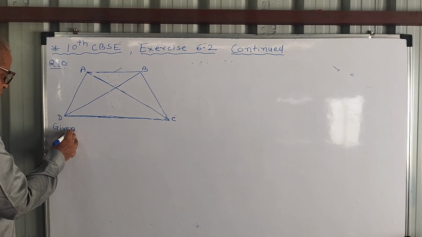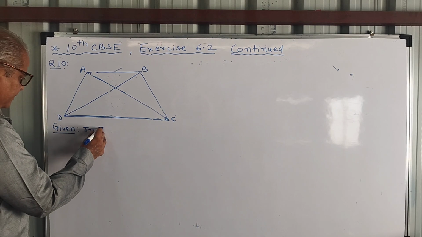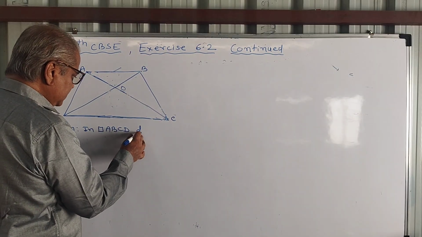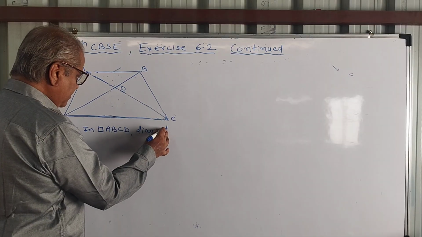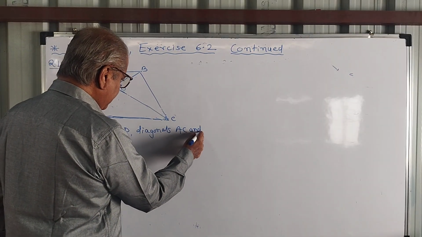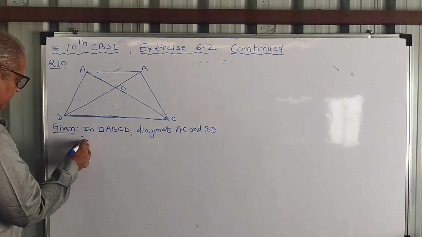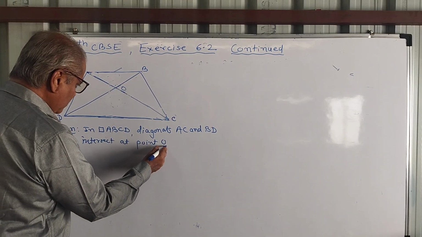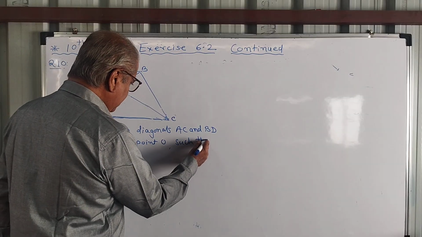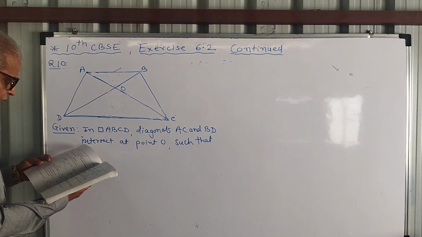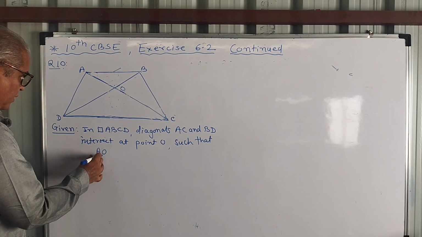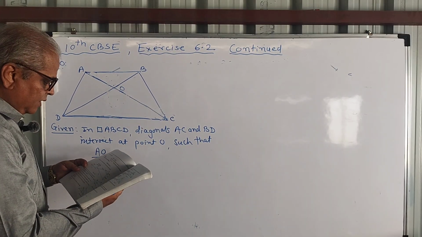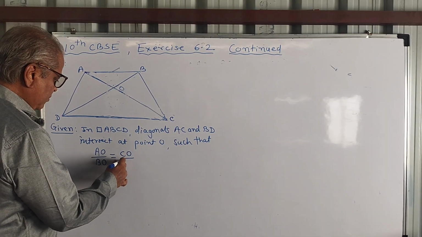So what is given? It is a quadrilateral. In quadrilateral ABCD, diagonals AC and BD intersect at point O such that AO upon BO is equal to CO upon DO.